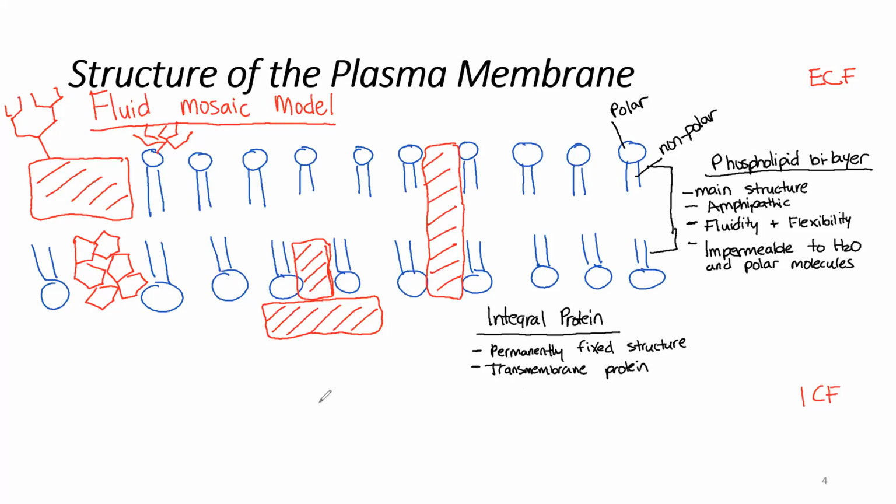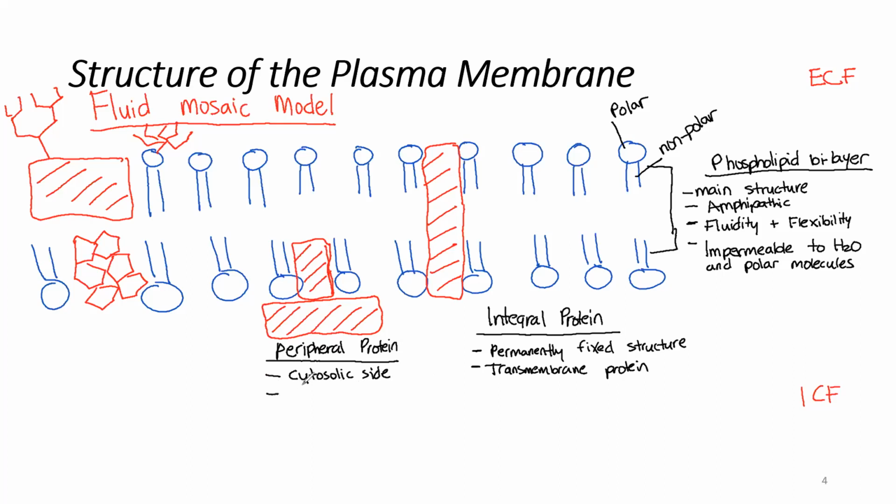We can compare that to peripheral proteins. So this is an example of a peripheral protein. The peripheral protein exists on the cytosolic surface or the cytosolic side. So this protein exists on the surface within the cell, inside the cell. And this is not a permanently fixed protein. This can be removed, replaced.